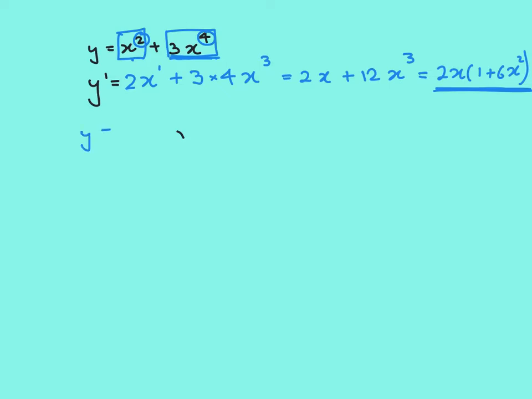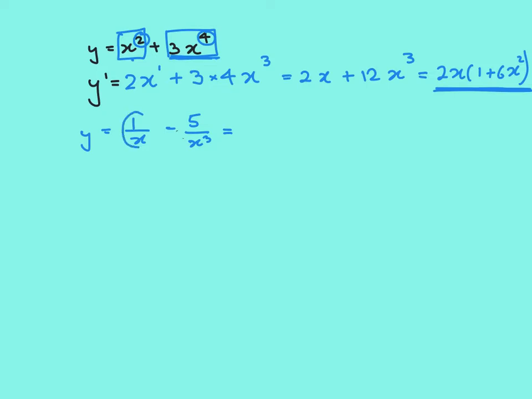So, y equal to 1 over x, take away 5 over x to the power of 3. The first thing that we're going to do is rewrite this in a different form, so no fraction.